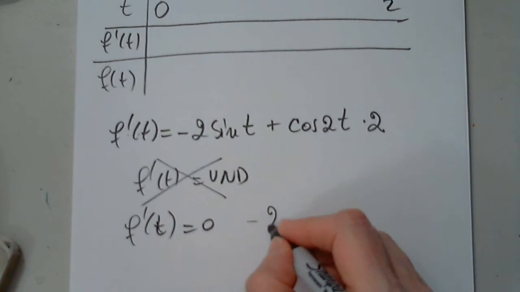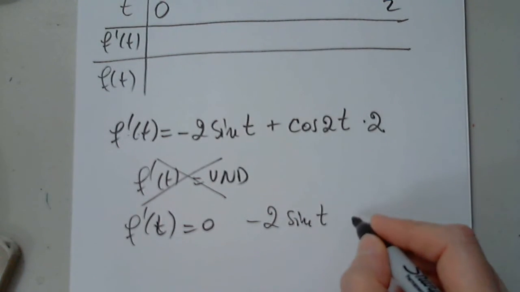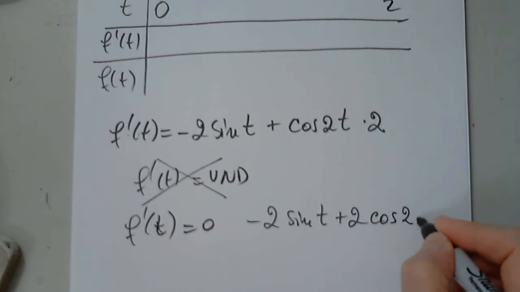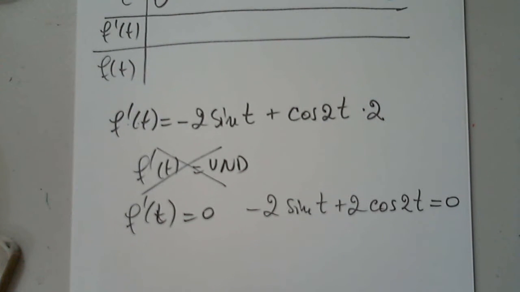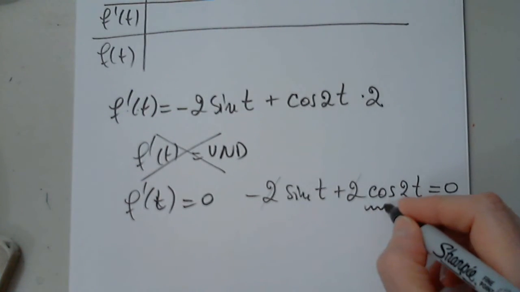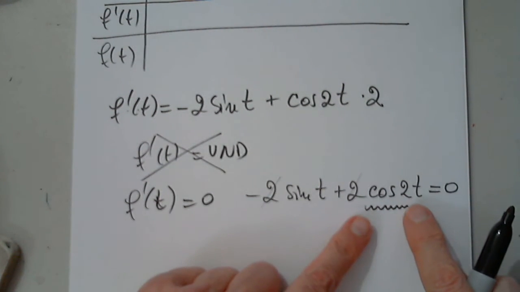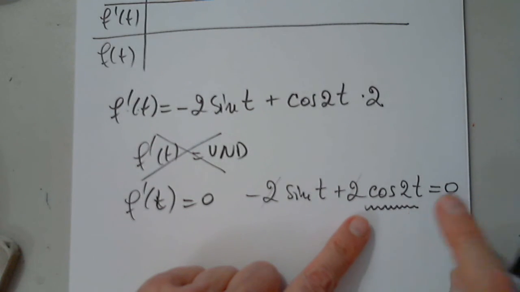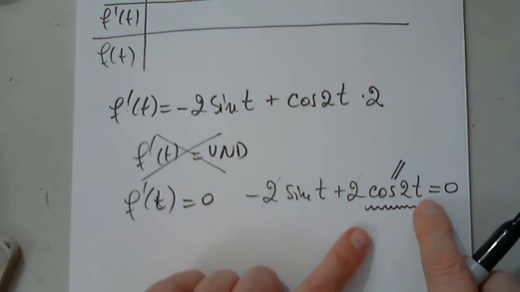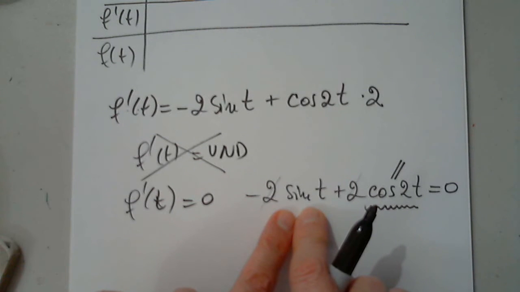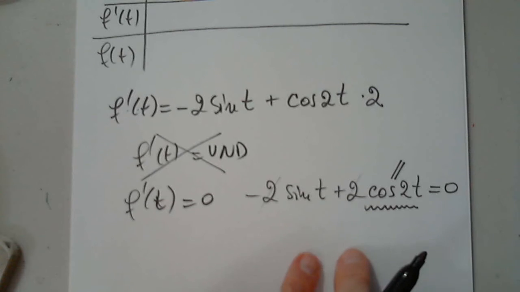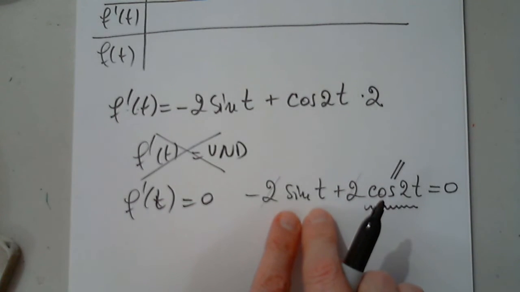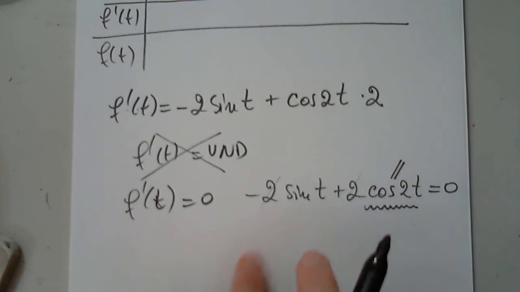Good. So then we have 2 times negative 2 sine t plus 2 cosine 2t equals 0. First I will simplify, dividing both sides by 2. And then I have to dig deep and remember what cosine 2t equals in terms of sine, because there are 3 formulas for this, 3 identities, but I want the one that specifically has only sine in it.